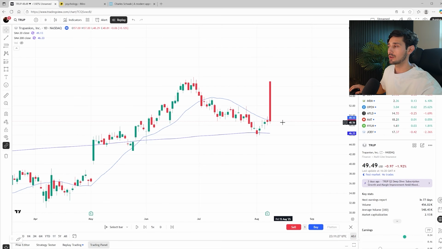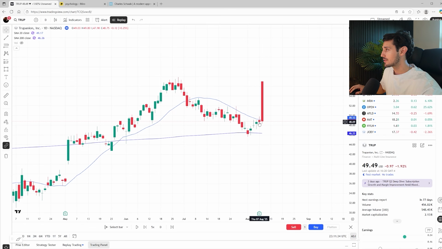I'll show you one more example of a stock that's actually gapping into resistance. So this stock closed the prior day at around 48.69, and then the next day, which is this day, it opened up here at $57. Now you see a massive red bar, and this thing just absolutely got sold off.